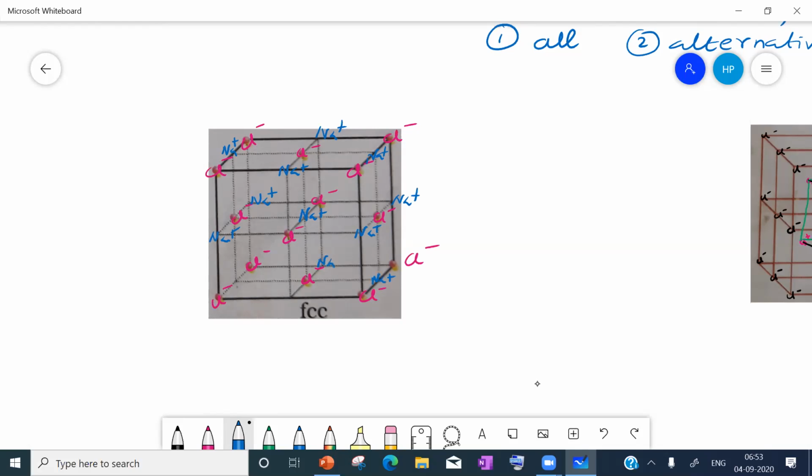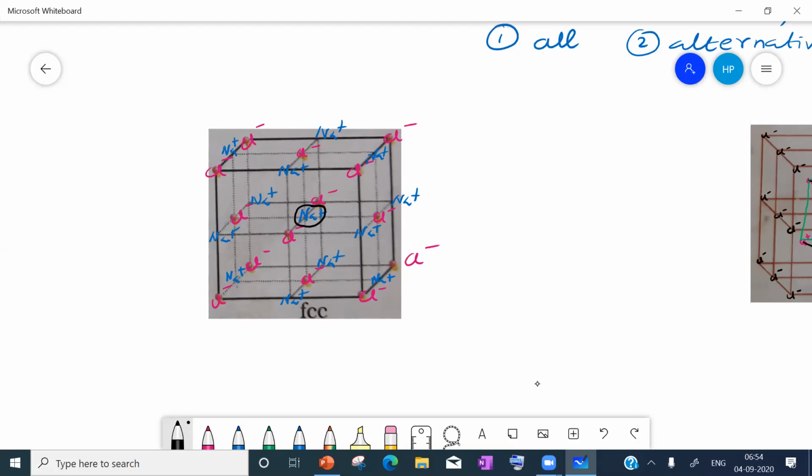So Na plus ions we have written in the edge centers. Edge centers mean octahedral voids, and the body center is an octahedral void here. It is the NaCl crystal. In this NaCl crystal, see, you take this Na plus. For this Na plus, which is the first nearest neighbor?